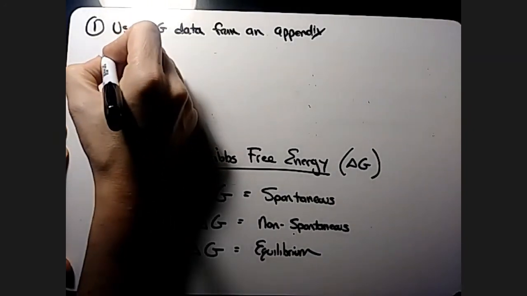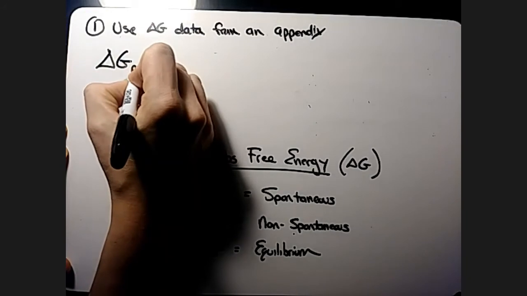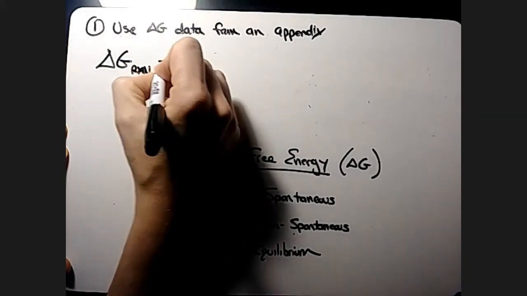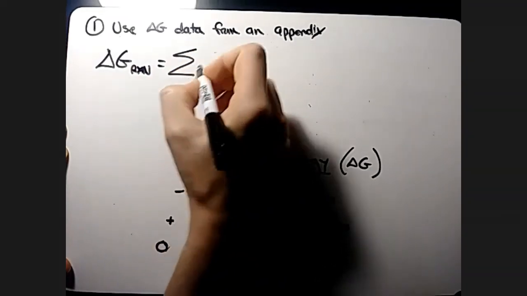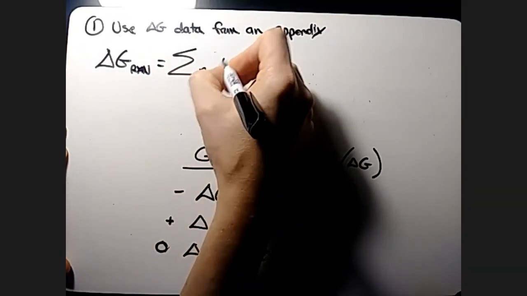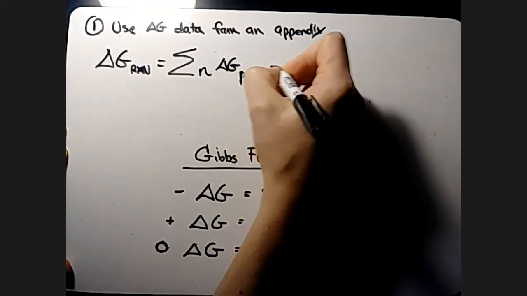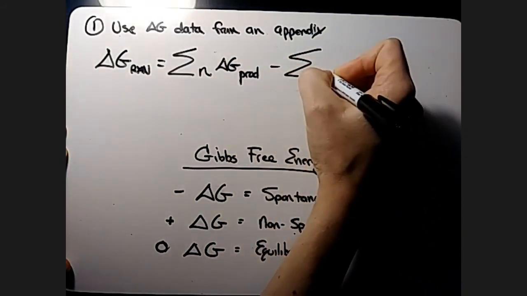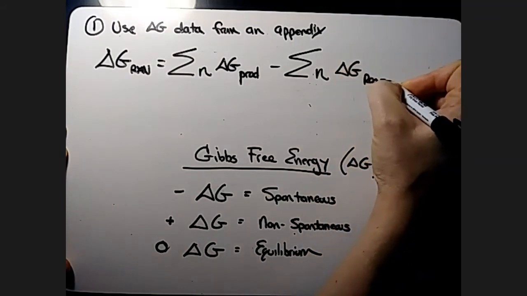You've never seen anything like this before. The delta G of the reaction is equal to, get ready for it, the sum of the moles of the delta G of the product minus the sum of the moles of the delta G of the reactant.